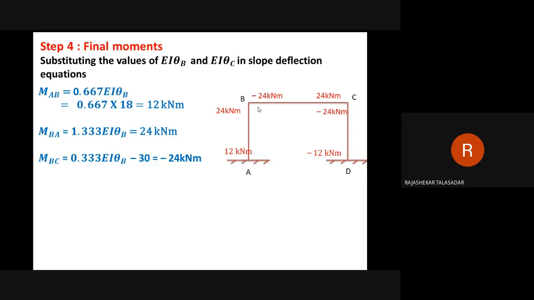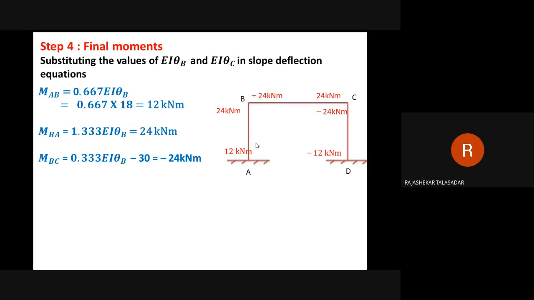Next, BA, what is the corresponding member on the other side? CD. If BA is plus, CD will be minus. Similarly, if BC is minus, CB will be plus. Are you getting the idea? Shall I repeat it? I will repeat it again. We have got three values here, MAB, MBA and MBC.